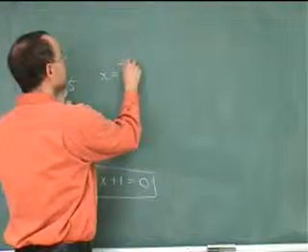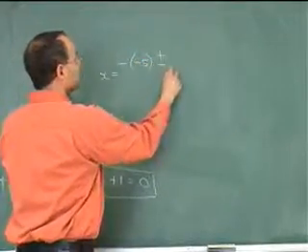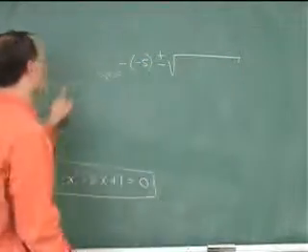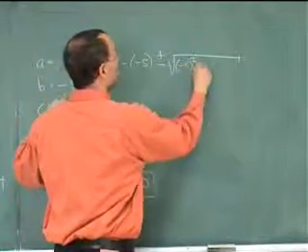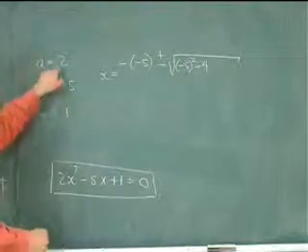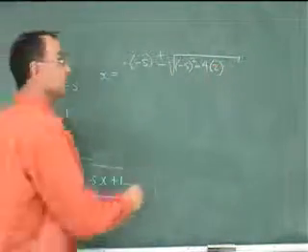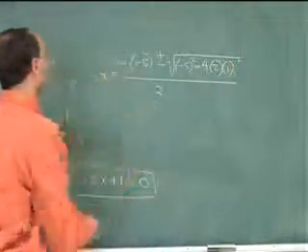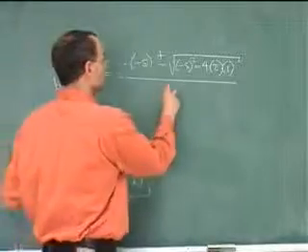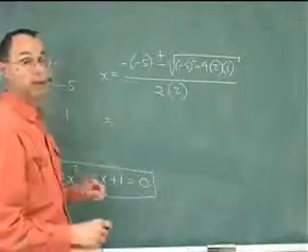So we're going to have negative 5 plus or minus the square root of b squared, that's negative 5 squared, minus 4 times a, so 4 times 2, times c, which is 1, all over 2 times a, which is 2. So there it is. I just put everything in place, and let's work it out.